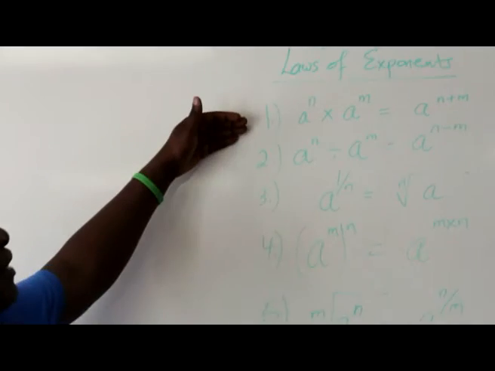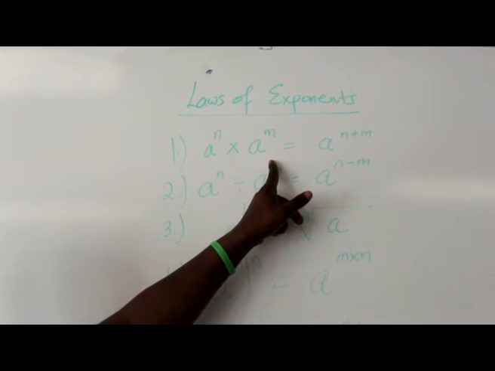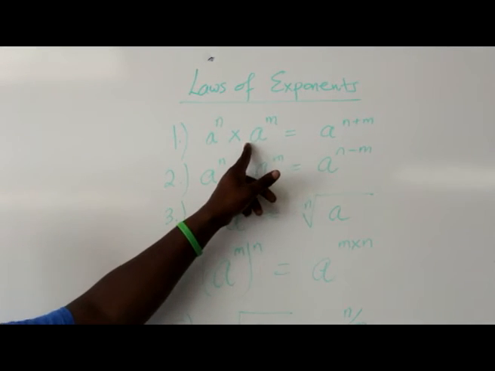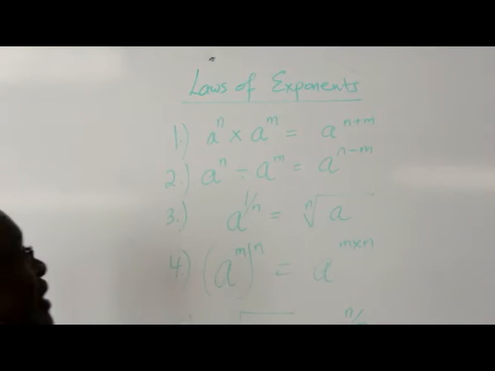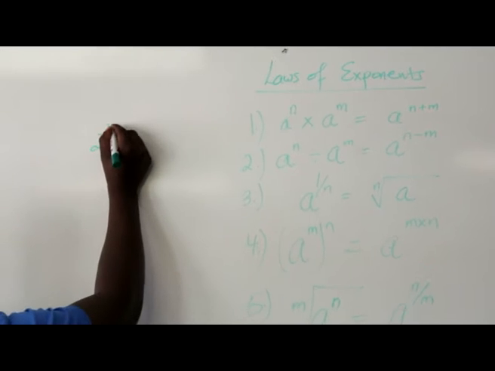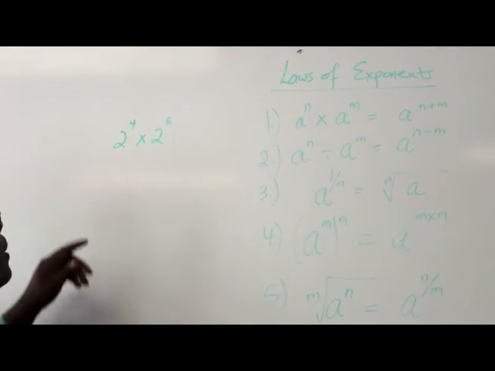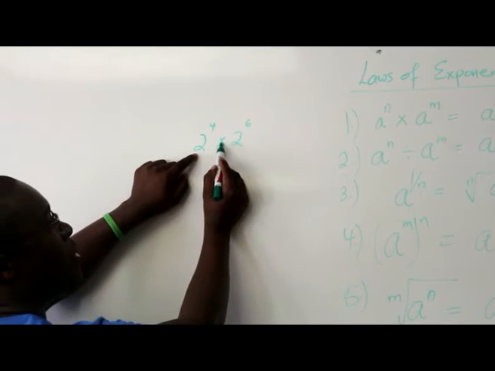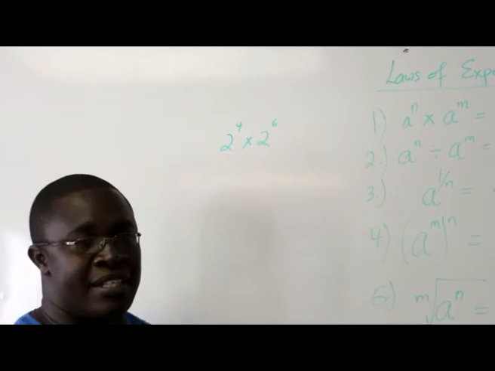So the first one states that if the base is the same and the two powers are multiplying each other, then you're going to add the exponents. For example, 2 to the power of 4 times 2 to the power of 6. Because the bases are the same and there's multiplication, we're going to add the exponents.